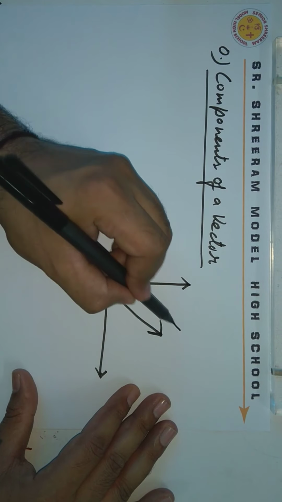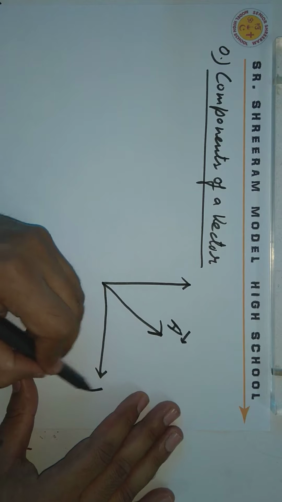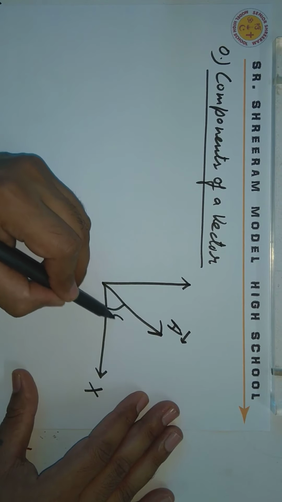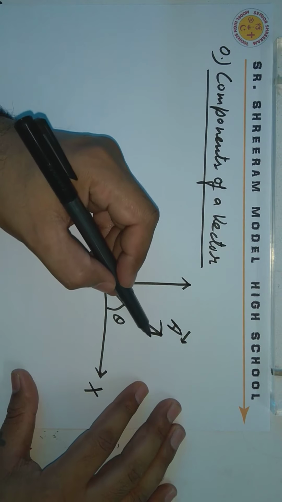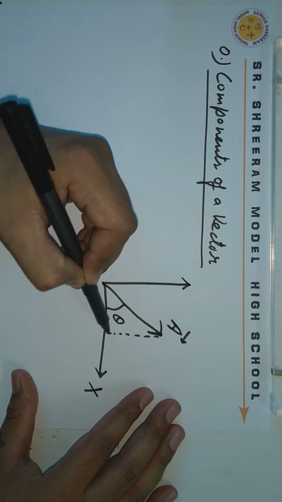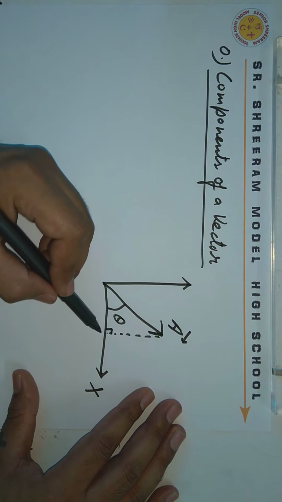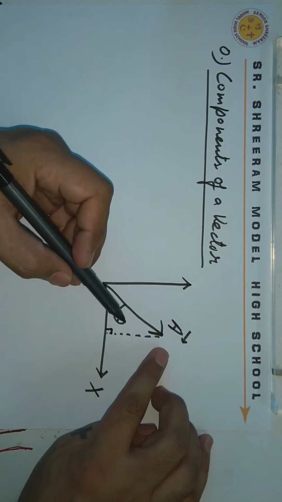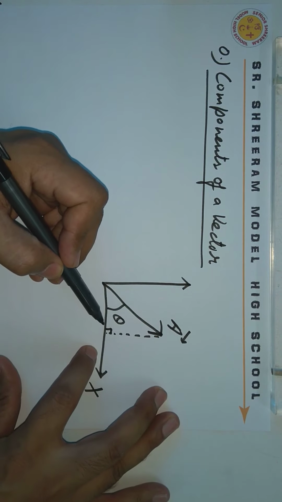So let us say this is vector A, and with the x-axis it makes an angle theta. I am going to take 2 components of this vector. What I will do is drop a perpendicular from the head of the vector onto the x-axis.